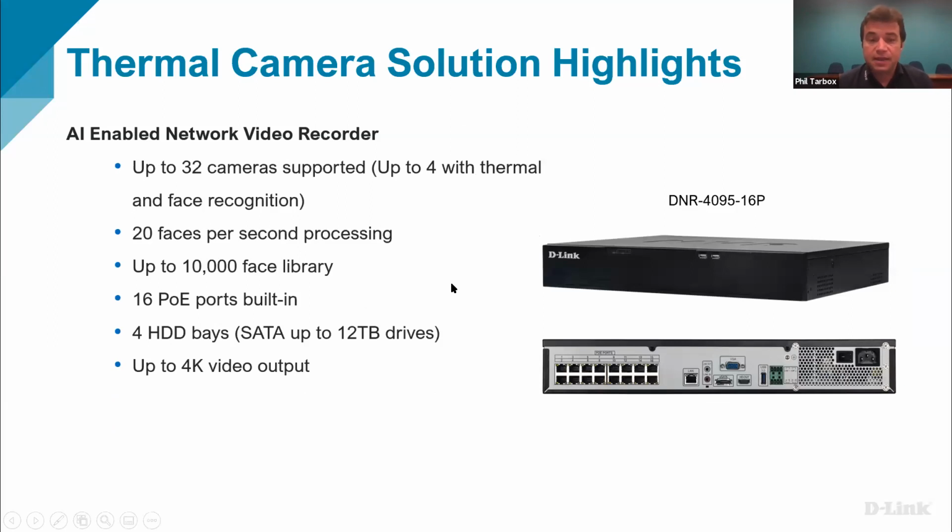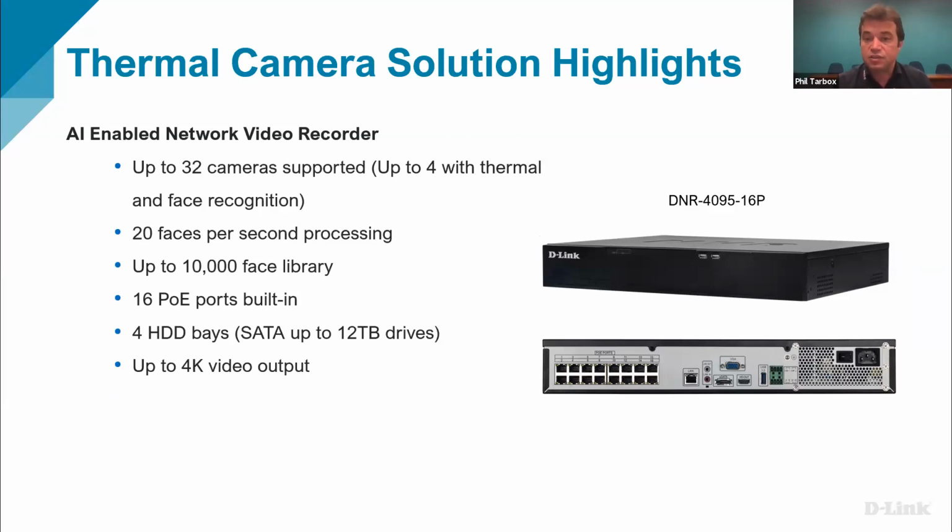With the NVR that comes in the kit with the 9210, this is the spec of the product here. There are 16 PoE ports built into the product. Of course, both of these cameras run off 802.3af PoE. The NVR gives you video output of up to 4K.